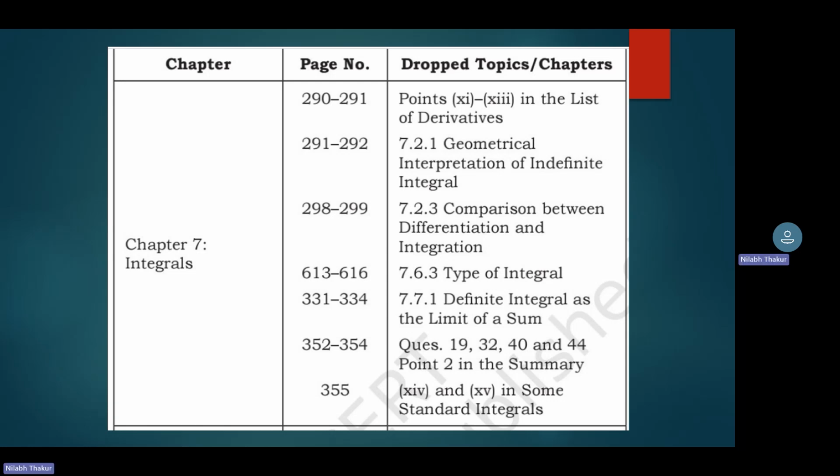Definite integral as the limit of sum, exercise 7.9. So you can skip 7.8, 7.9, 7.10. Page number 352 to 354, question number 19, 32, 40, and 44, that you can leave for this year.